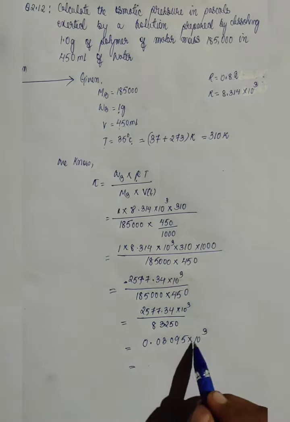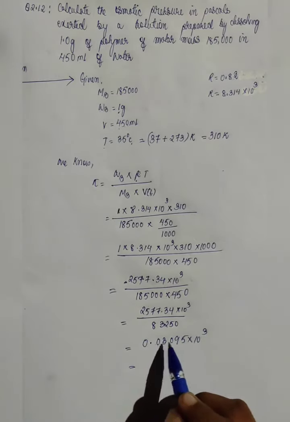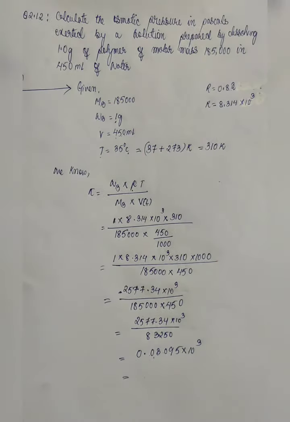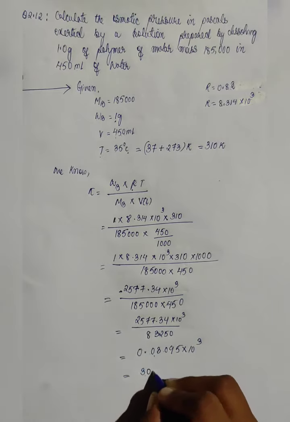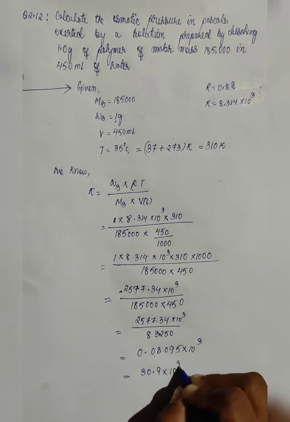You can leave it as it is, or if you want to bring the decimal point ahead, then you can also do that. It can also be written as 30.9 into 10 to the power 3.